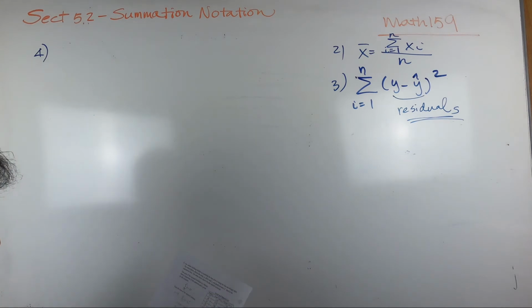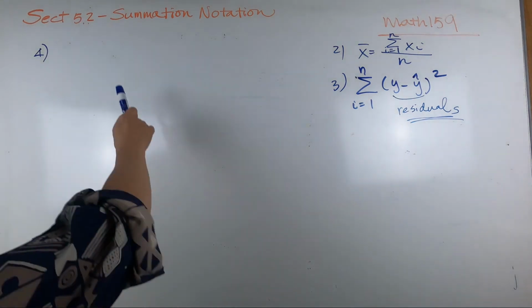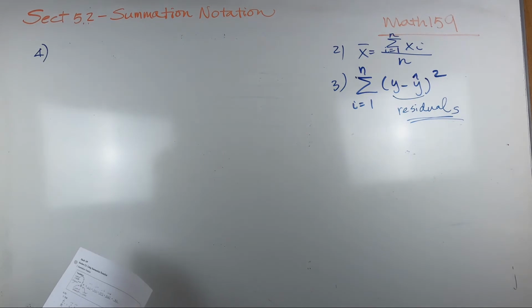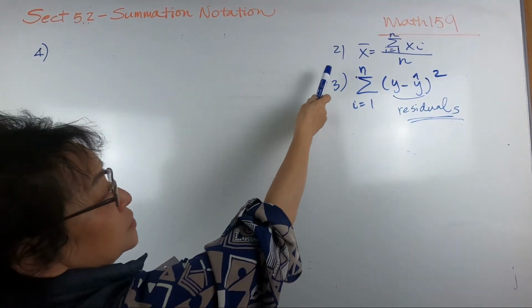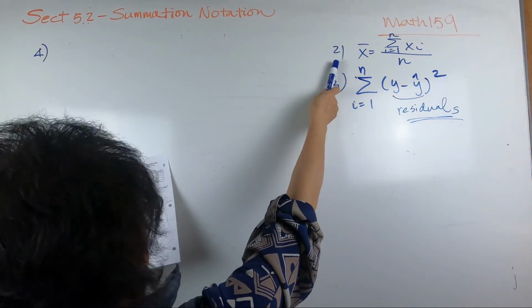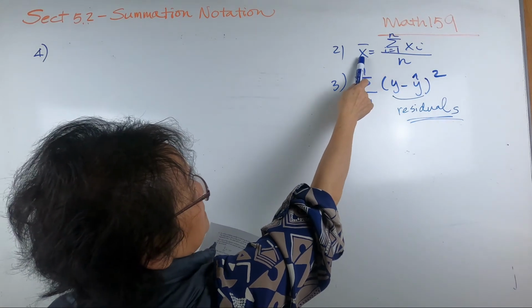Okay, let's look at example 4 on your page 47. So for this section, we are learning what? The summation notation, how to use it, right? So previously in example 2 on your page 47, we said the mean is what?